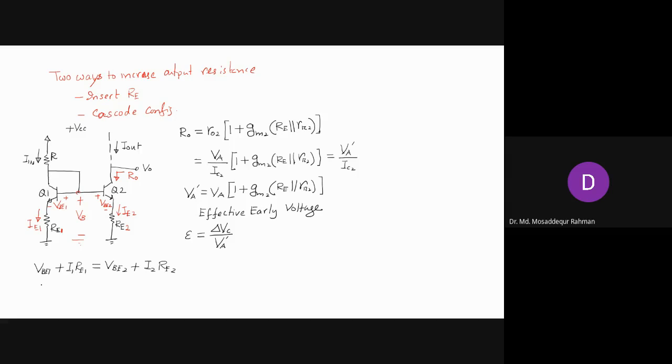Now, if we assume that these two forward bias voltages, VBE1 and VBE2, are the same, then this simplifies to I1 RE1 equal to I2 RE2.